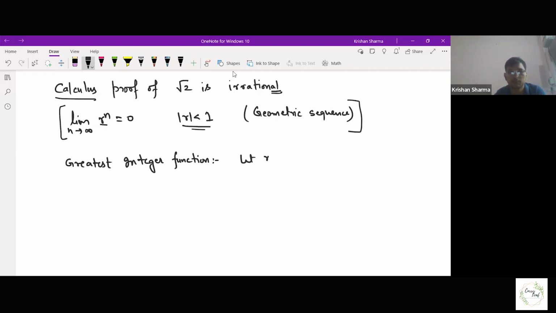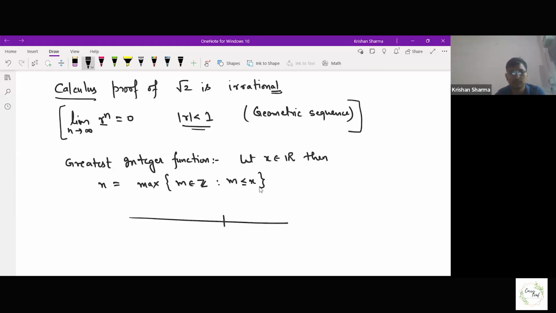Suppose x belongs to R, then n is the maximum of all those m belonging to the integers such that m is less than or equal to x. So it is the largest of all those integers which are less than x.